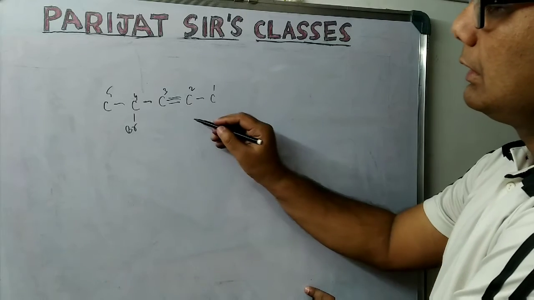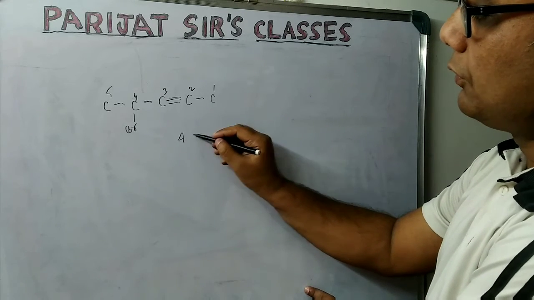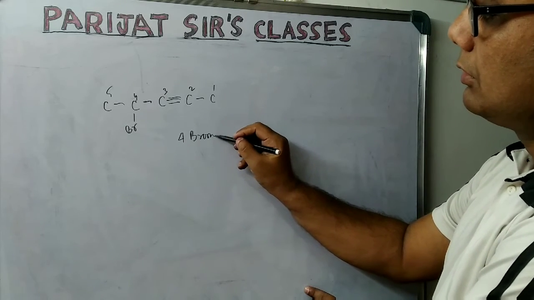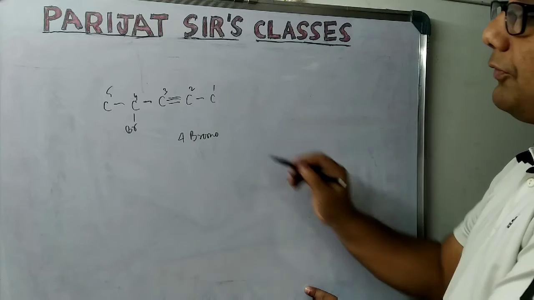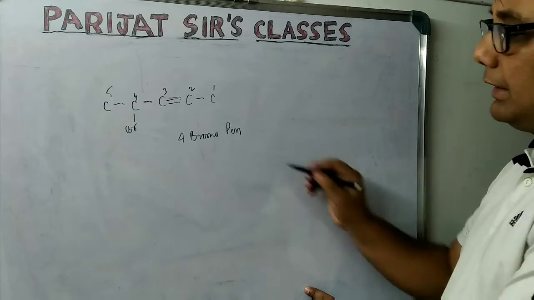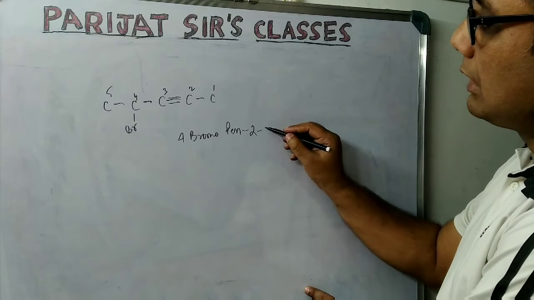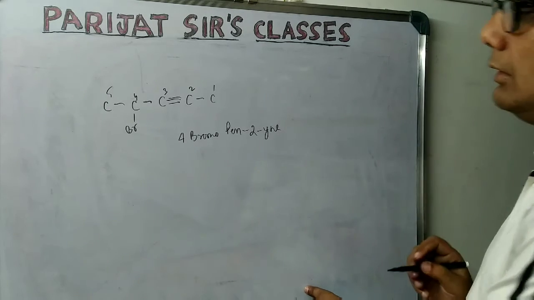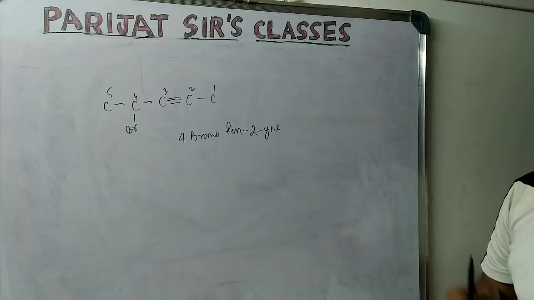So what will be the name? The name will be 4-bromo, and there are 5, so pent, and the triple bond is in the second position, so 2, so it is ine. Okay, just go through it.